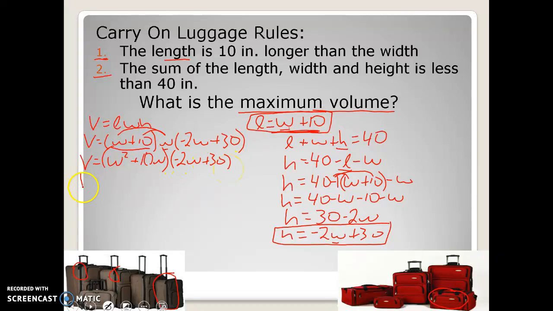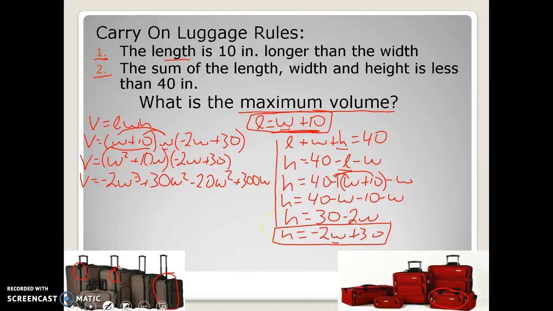So if I FOIL this, I'm going to have W squared times negative 2W is negative 2W to the third. When I take W squared times 30, it's going to be 30W squared. Then 10W times negative 2W is negative 20W squared. And 10W times 30 is 300W.